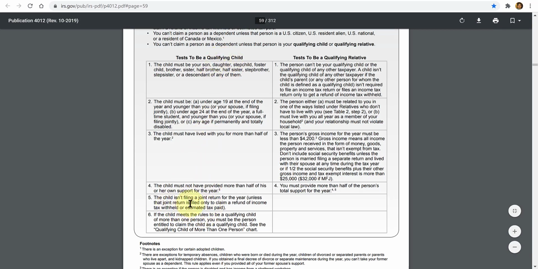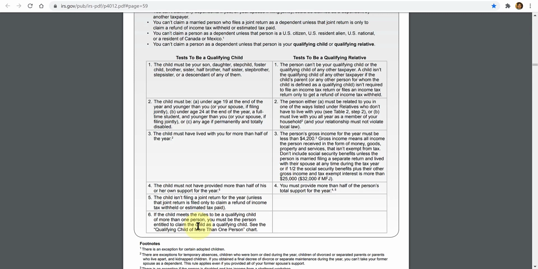And here we talk about again the joint return of the dependent. You cannot usually file a joint return. And here it just says that only one person can claim a dependent for this qualifying child. If more than one taxpayer meets this other test here, then those taxpayers can agree among themselves who will claim the child as a dependent.